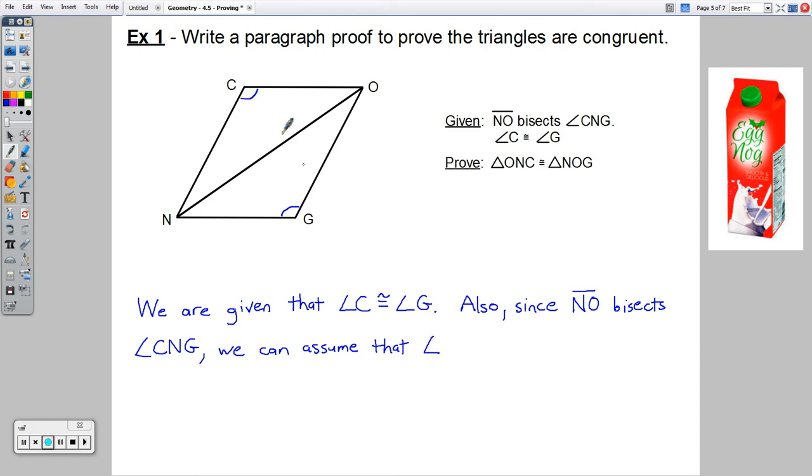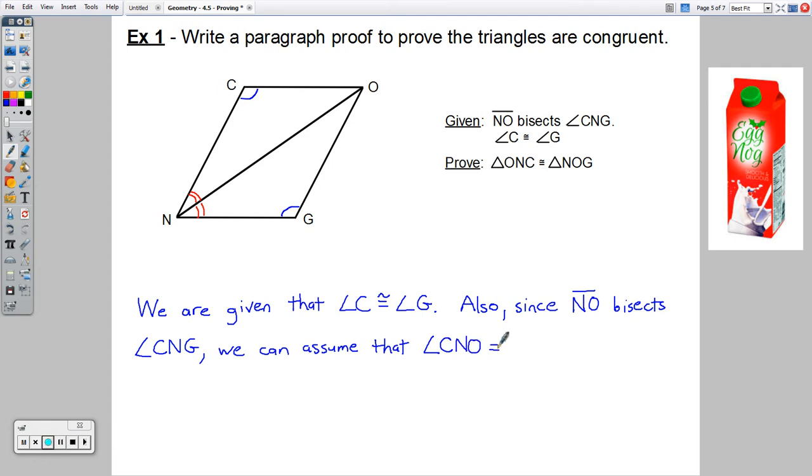Well, what would that tell us? If NO bisects angle CNG, this whole big angle right here, I'm going to use my different color now. So this is something we can prove is true based on the information. I can say that this angle and this angle are congruent. And labeling that correctly would be CNO and GNO. I could use those as my ways to label these two angles.